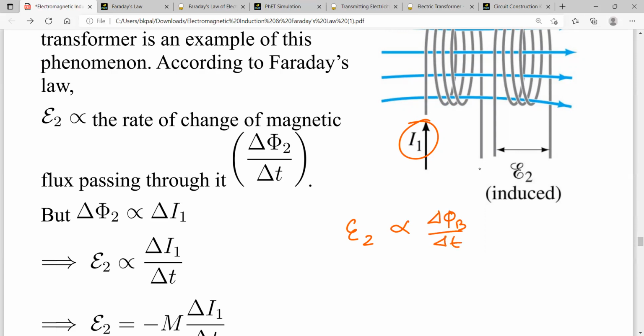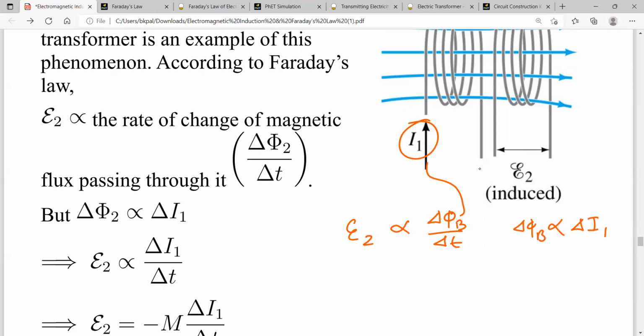Okay, and you see that this magnetic flux is related to the current. If you change the current, I mean the current basically tells you whether the magnetic field is changing or not. So somehow this is proportional to the current I1.